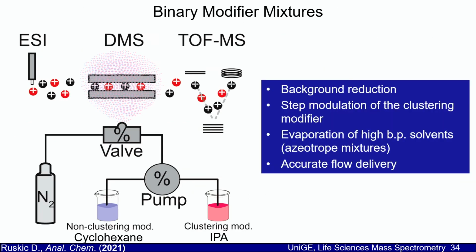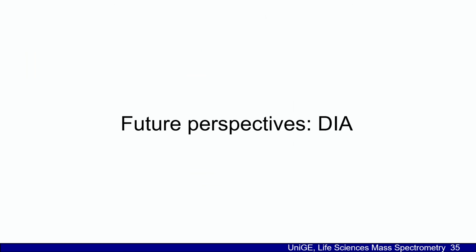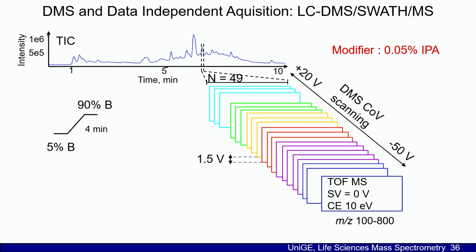And as a last point, a binary modifier mixture gives you many benefits with respect to the background ions, the sensitivity loss, separation tuning, and so on.